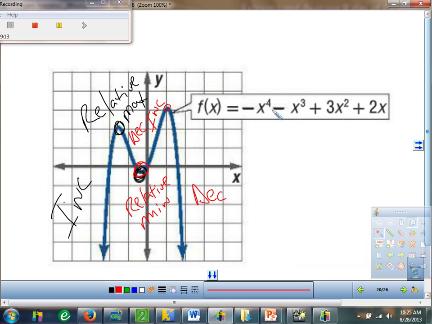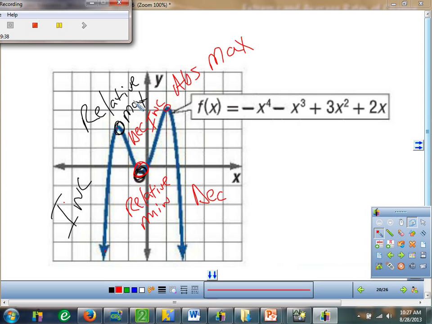Now since it's an even function that's being reflected, we could talk about end behavior here too. Our end behavior, they're both going to negative infinity. This right here would be an absolute maximum. So we'll do ABS for absolute. That's an absolute max because that's the highest it will ever be.